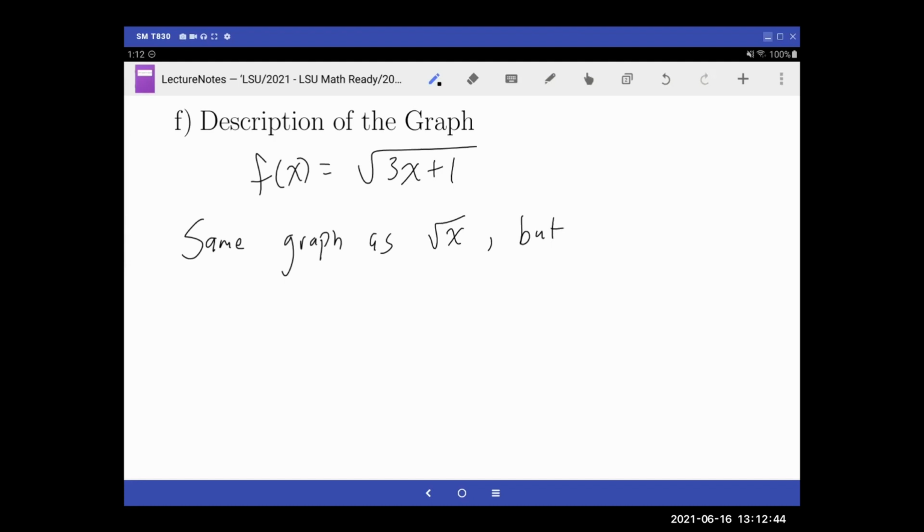There's a couple of ways you could think about it. Let's just take it one piece at a time. There's 3x plus 1. This plus 1 right here would indicate a shift to the left 1.